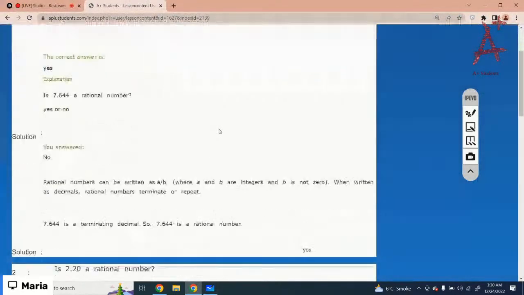Okay, here is the definition. Rational numbers can be written as a over b, where a and b are integers and b is not zero. When written as decimals, rational numbers either terminate or repeat. Got it? Either they terminate or they repeat.